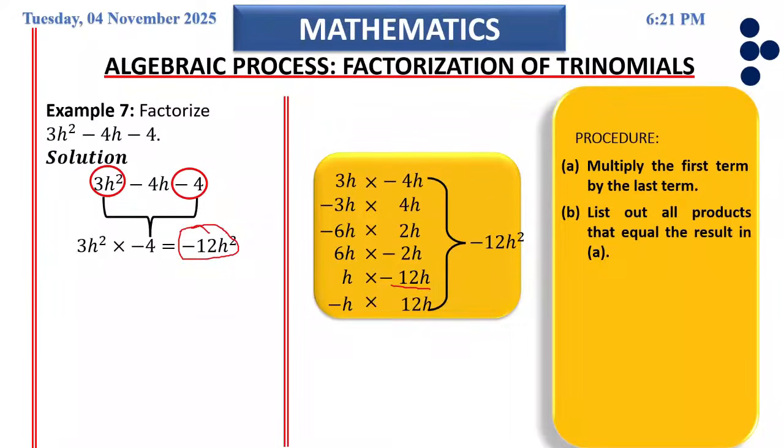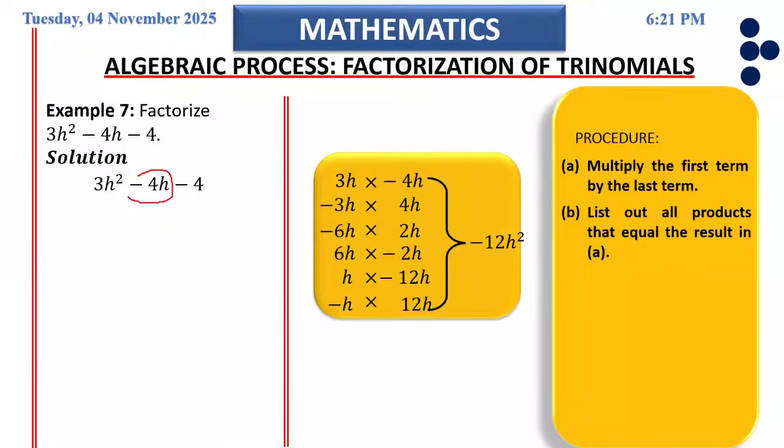After you have gotten all those values, we have an objective for going through this route. The objective is this: we are trying to solve the question there. For us to solve it, we need to split the middle term.